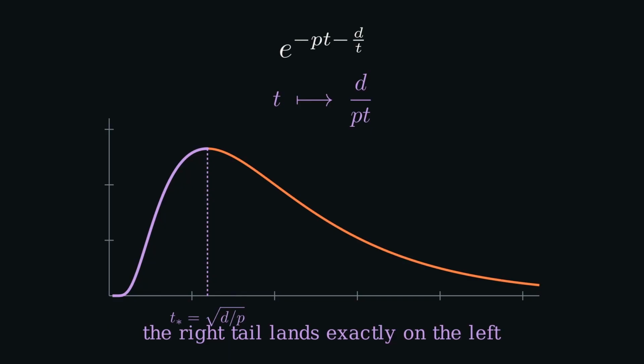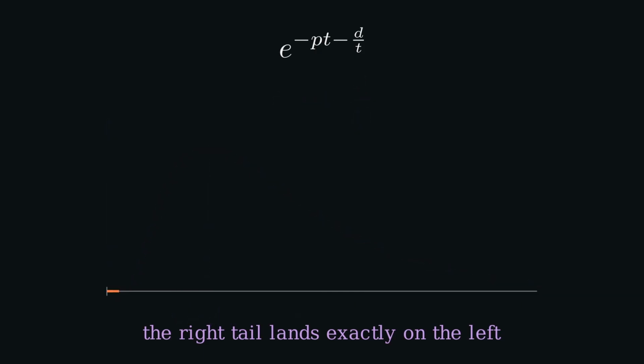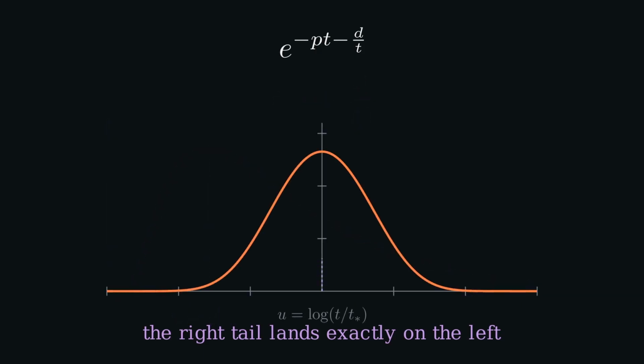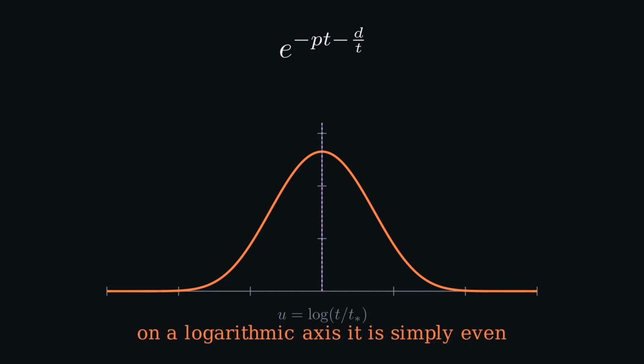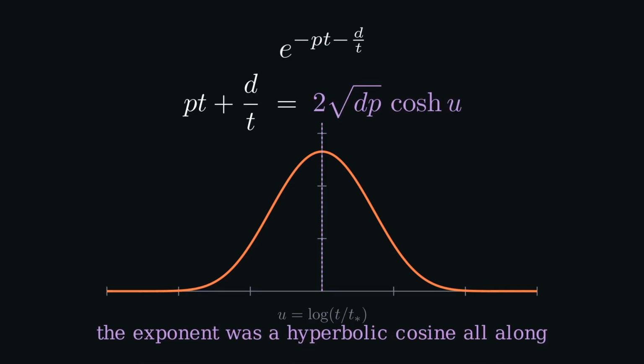Now, when we invert about the peak, the right tail lands exactly on the left. So it's a nice sort of symmetry there. And we'll see that on a logarithmic axis, it's simply even. So the exponent was a hyperbolic cosine all along.